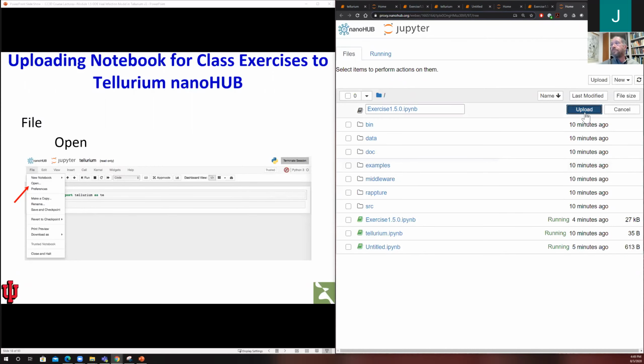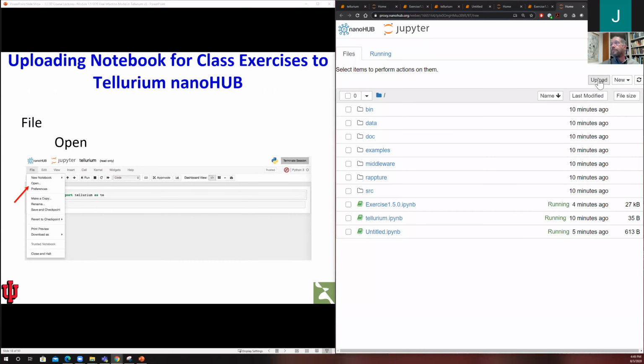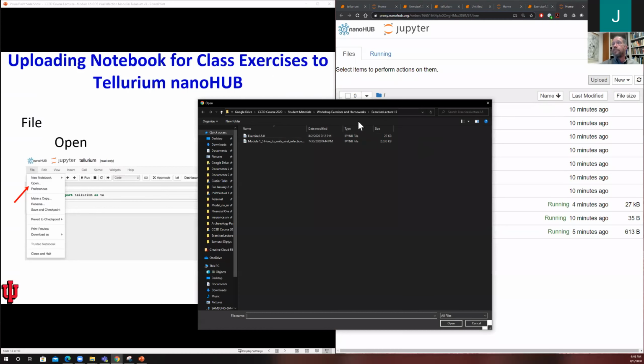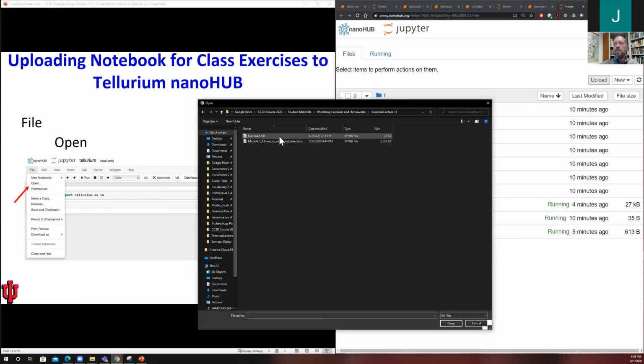So again, if we go to student materials, so this is CC3D course 2020. Student materials, workshop exercises and homeworks, exercise lecture 1.5, not zipped, exercise 1.5.0, open.